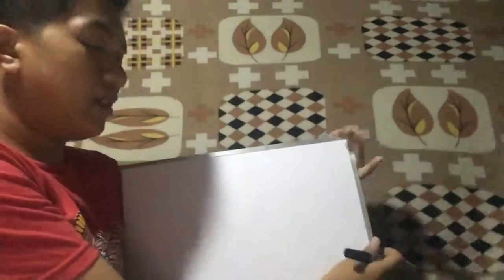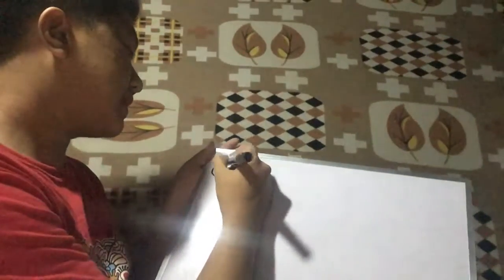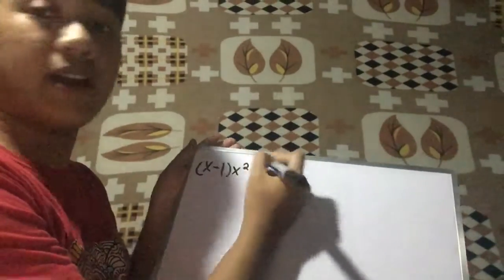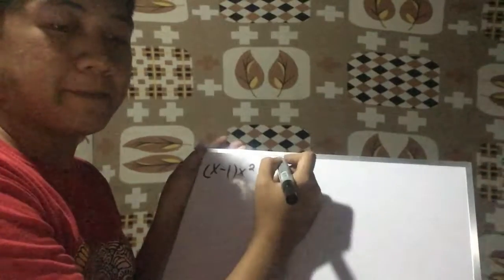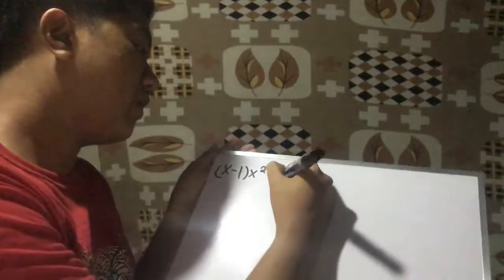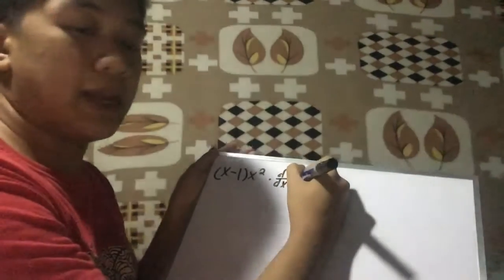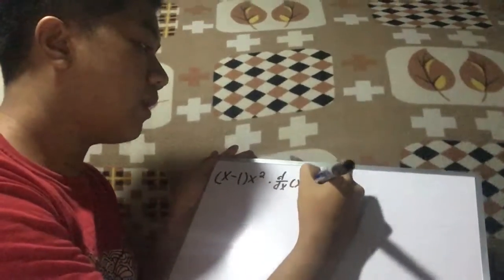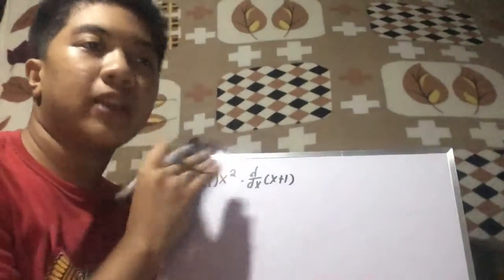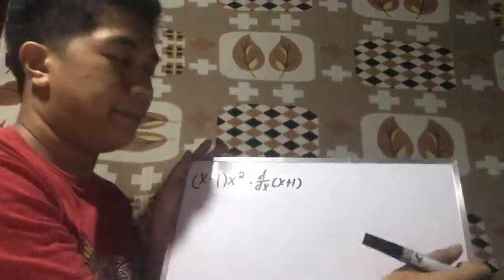So we will copy again x minus 1 times x squared, multiplied by the derivative of x plus 1. We are not going to find the derivative yet because we are going to do it in one drop.